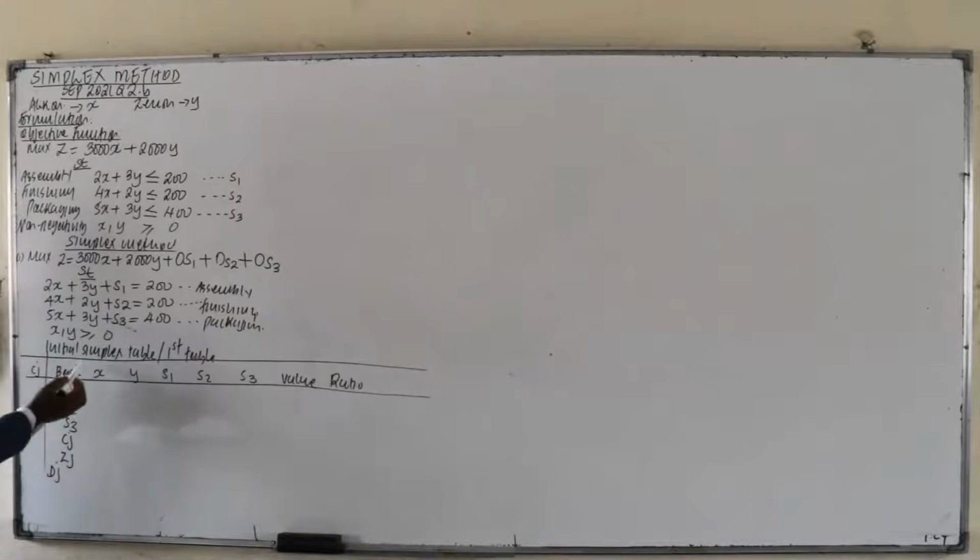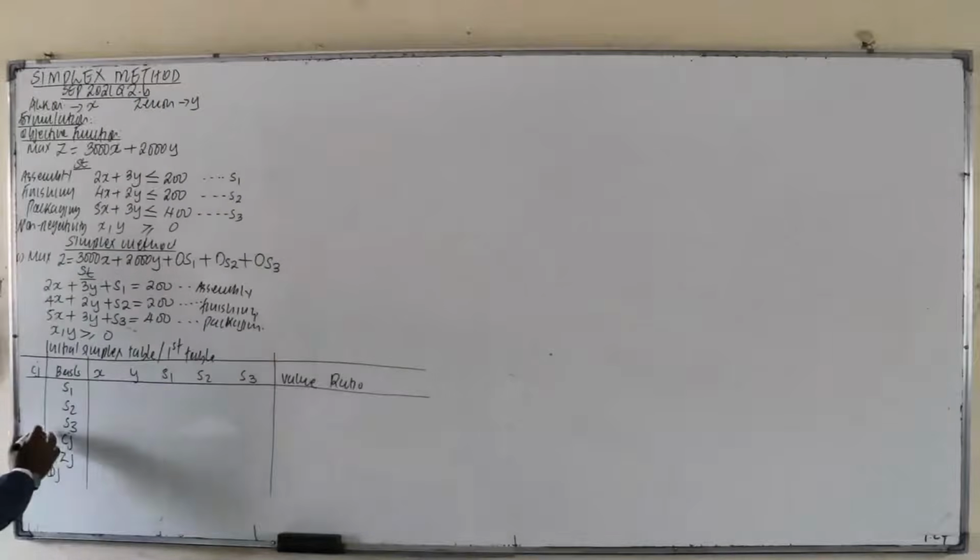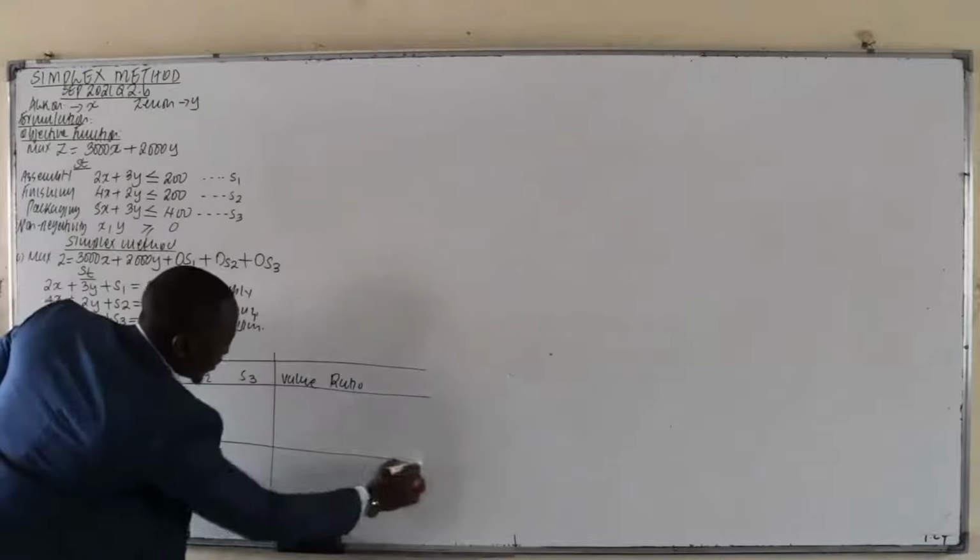So how do we get that? This is how we develop the table. Now CJ: can you go back to where you had the derivatives? Look at the derivatives you have indicated. You see that CJ represents the contribution margin.